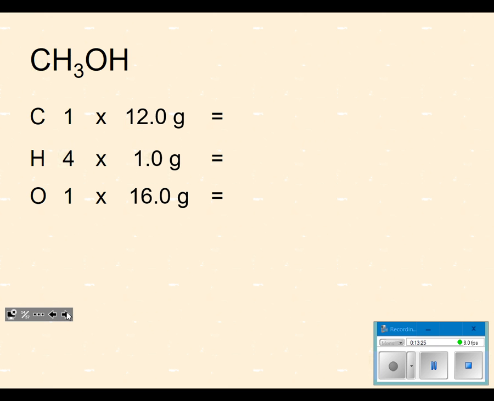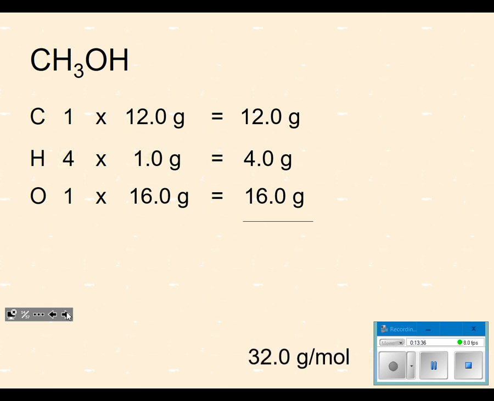Then we're going to do our multiplications. 1 times 12 is 12, 4 times 1 is 4, and then 16 times 1 is 16. Then we're going to take the sum of those. 12 plus 4 plus 16 gives me 32.0 grams per mole.